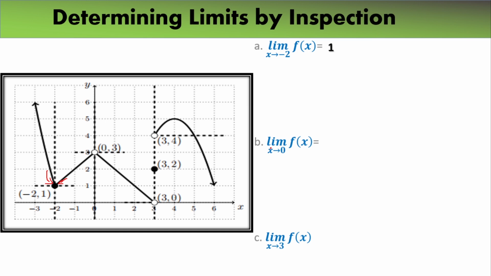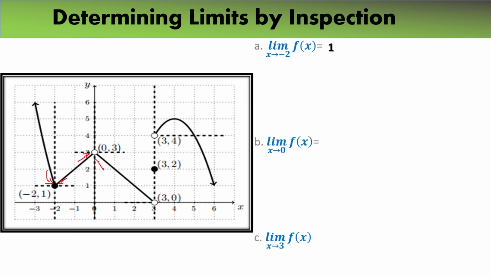So sa letter B naman tayo, we are asked to find the limit of f of x as x approaches 0. As x approaches 0 from the left, ang y value natin ay papalapit sa positive 3.